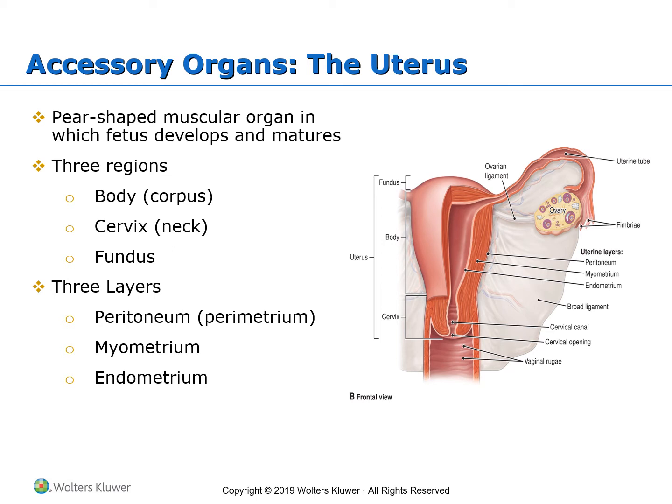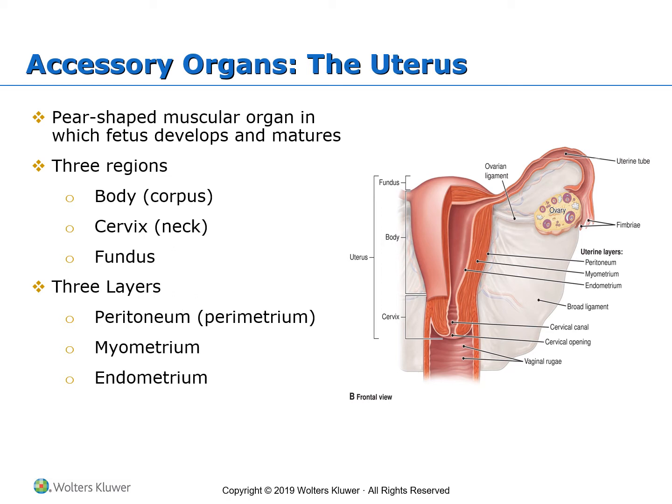The ovaries are also suspended from the broad ligament, and the uterine tubes lie on the top of it within the upper part of this border. All the blood vessels that supply the ovaries and the uterus, and some of them are big blood vessels, are found in the two layers of the broad ligament.